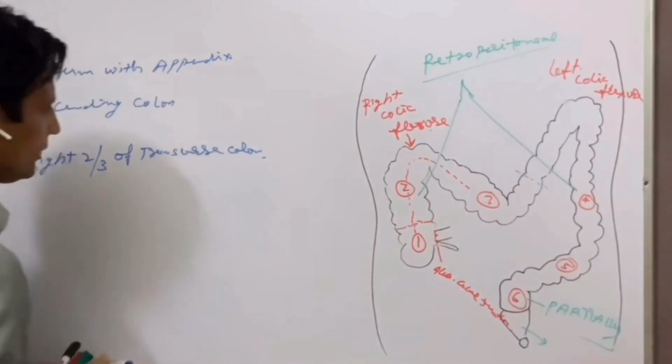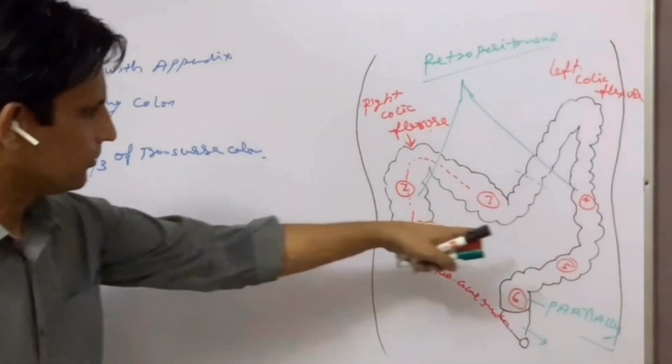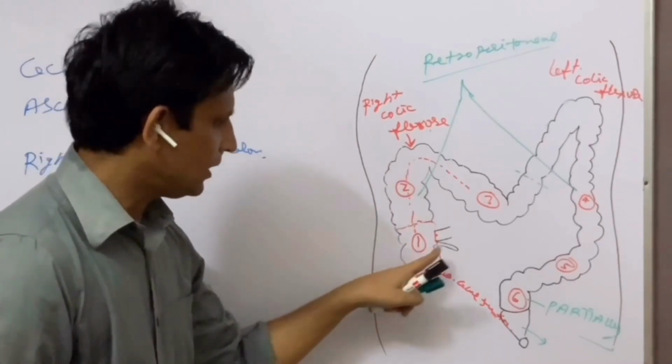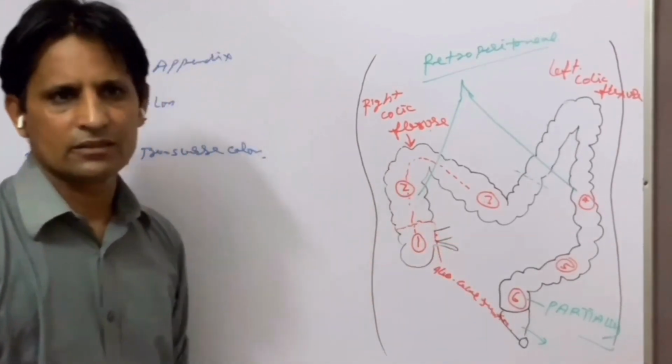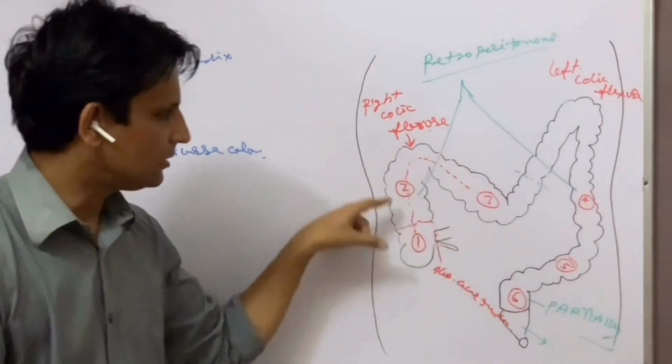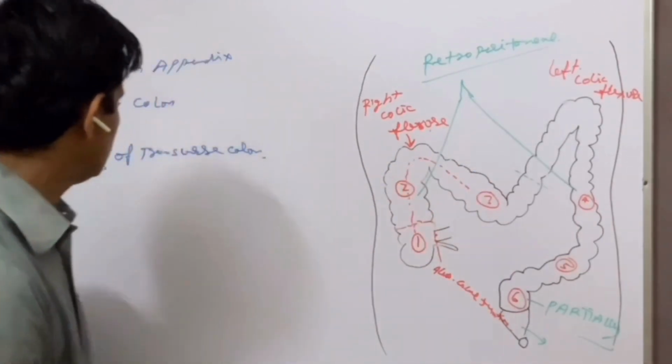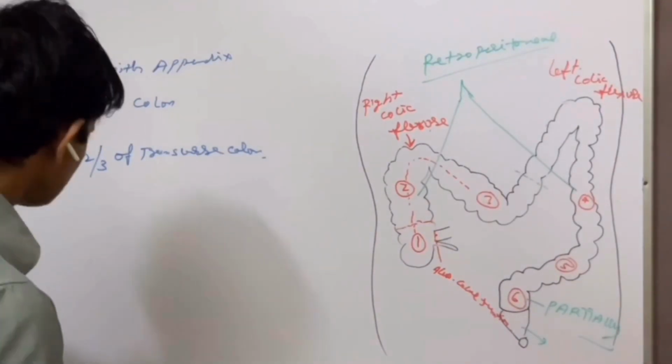So the right two-third of the transverse colon, the ascending colon, the cecum, and the appendix: these parts are derived embryologically from the midgut.